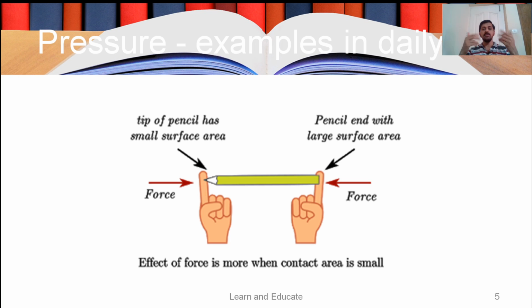You can see a higher pressure on the tip of the pencil since it has a very small surface area. So, force by area. Even though the same force is applied, if the area is lesser, the pressure will be higher. If the area is more, the pressure will be less. So pressure is a consequence of the effect of force normal to the surface.